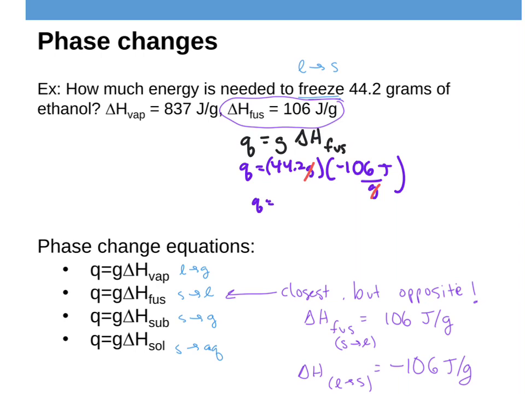And then my Q is going to equal, let's see, negative 4685.2 is what my calculator says, but really that's going to be negative 4.69 times 10 to the 3 for my sig figs. And again, here my Q is negative, which means it's exothermic.